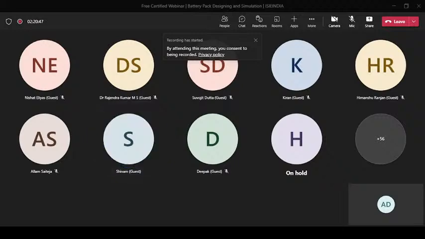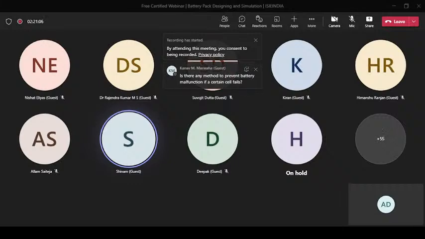When this variation happens, it impacts the overall life cycle of the battery pack. So to equally charge and discharge the cells, we need balancing of the cells.